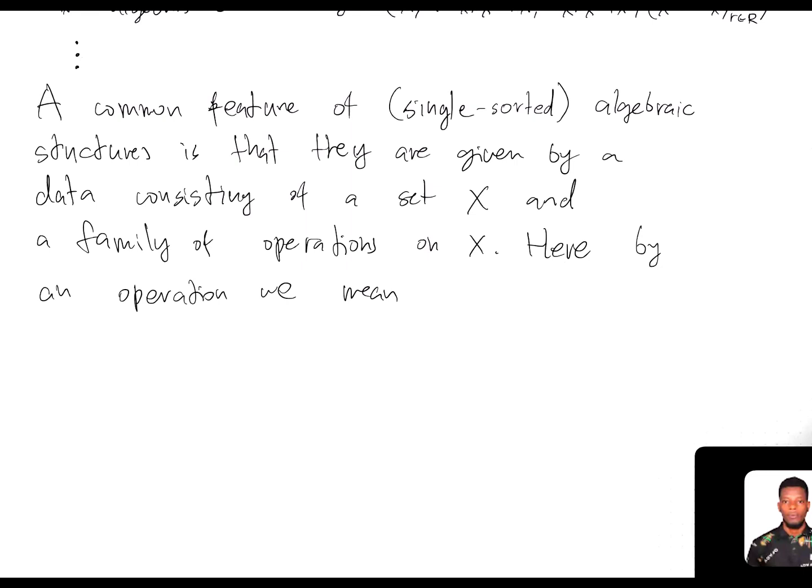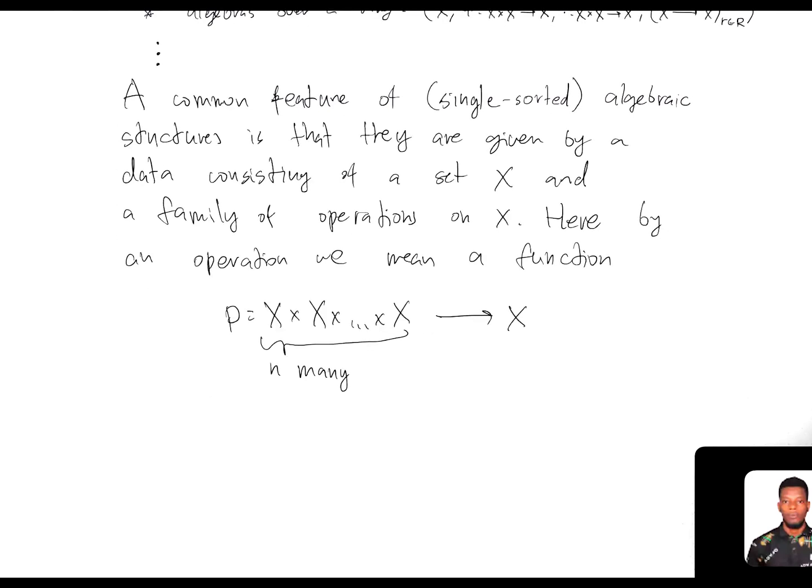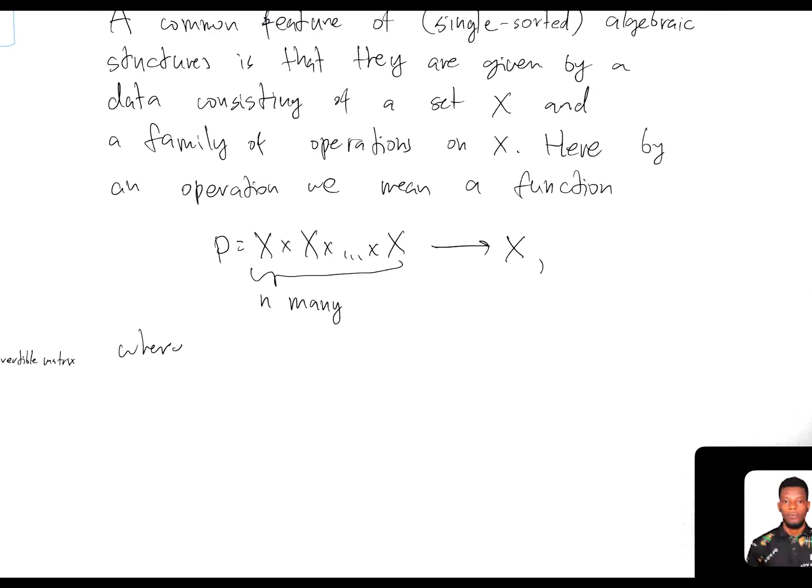Okay, that's good. Here, by an operation, we mean a function, let's say P, from X cross X cross X, where X is n many times, a function from there to X, where n is called the arity of the operation.